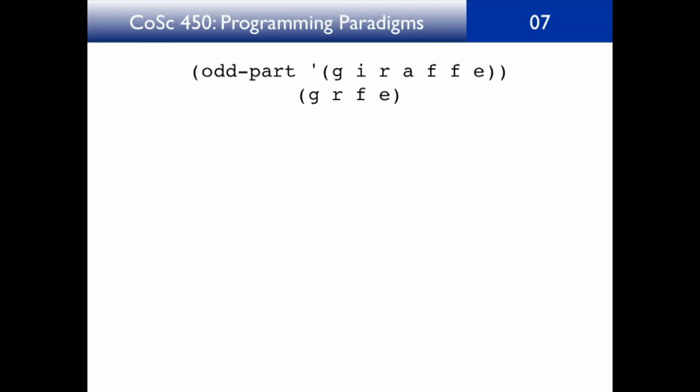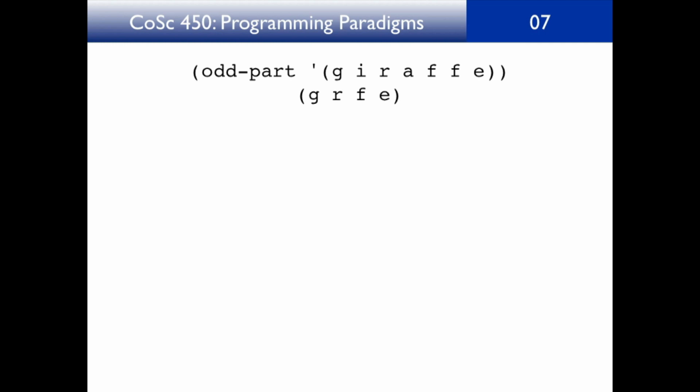Okay, so now let's take a look at how we're going to program up odd part. GIRAFFE. That's GRFE. How are we going to peel apart the odd part and the even part here?